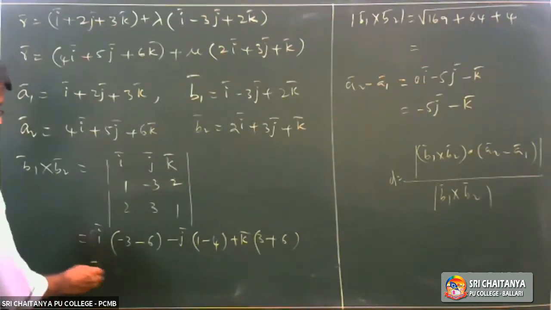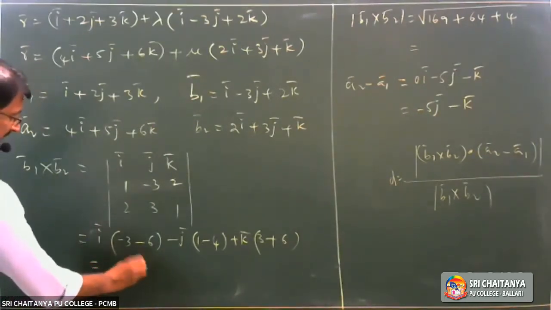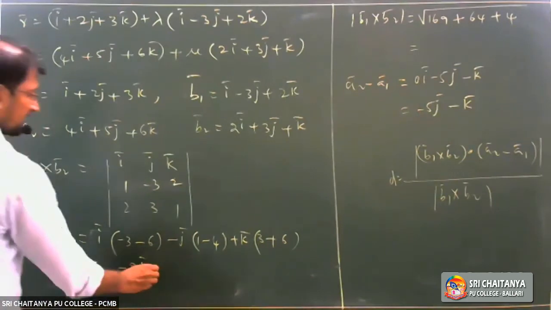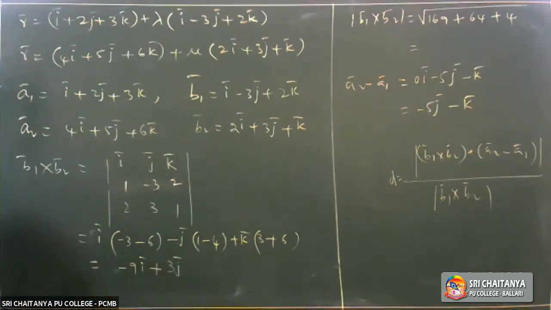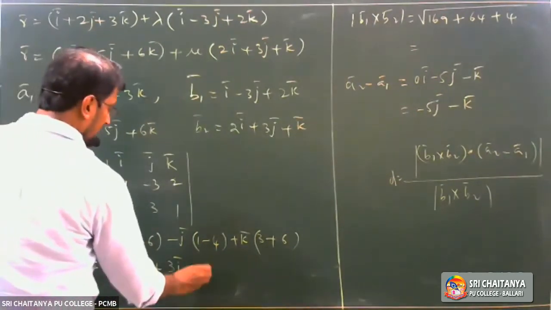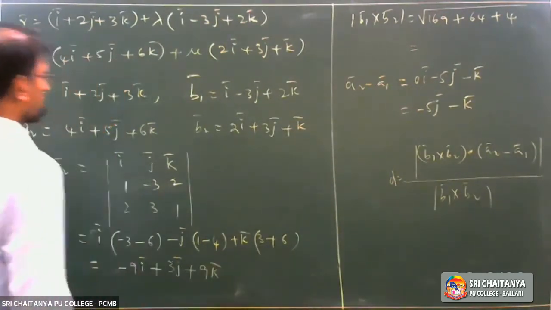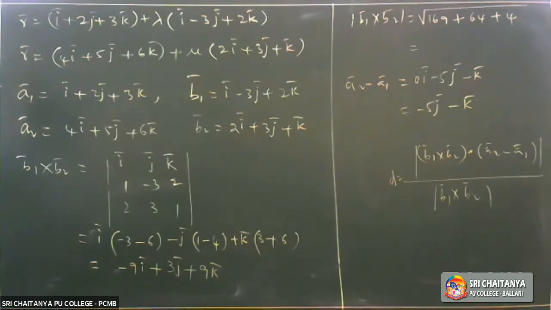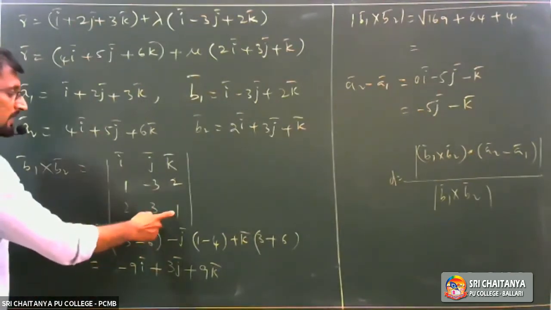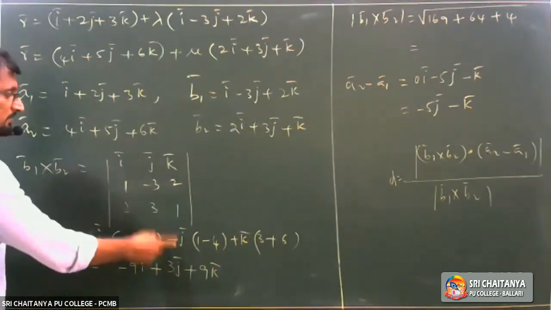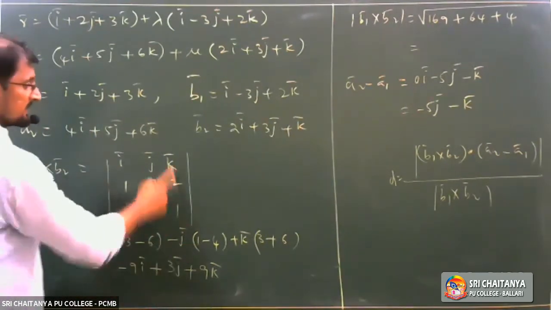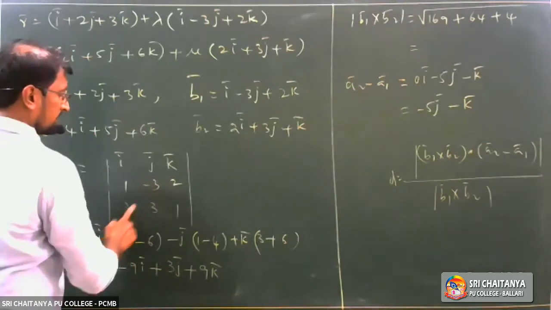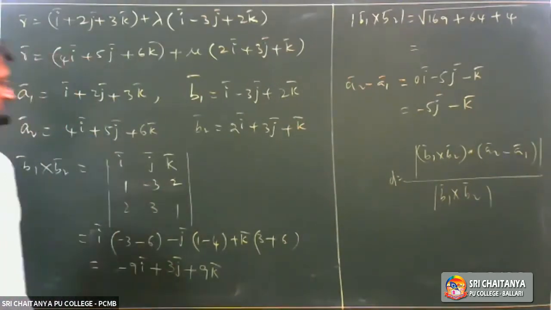Now, which is equal to minus 9 i bar, right? Plus 3 j bar, right? Plus 9 k bar. And we will repeat the determinant here. i bar minus 3 minus 6 minus j bar 1 minus 4 plus k bar 3 plus 6. Okay, you are going to get this one.